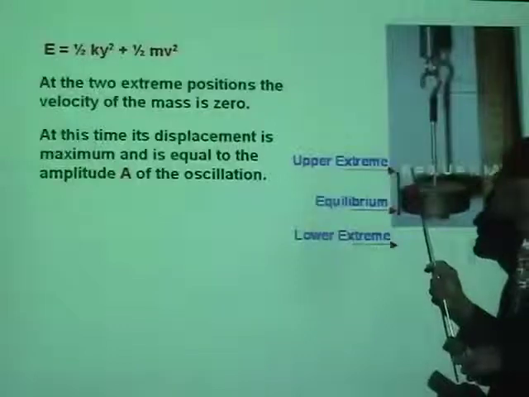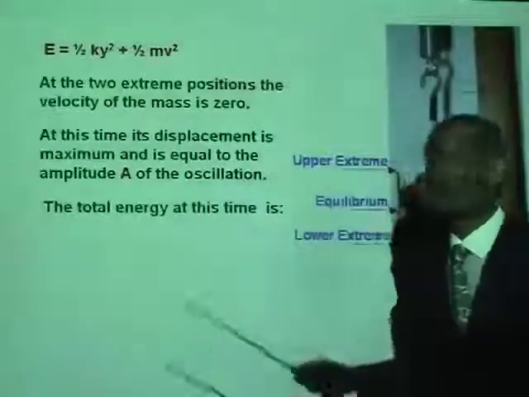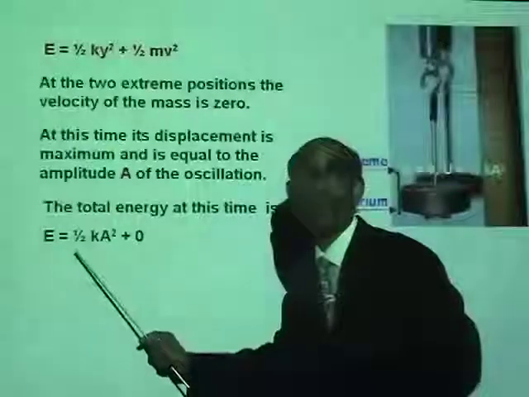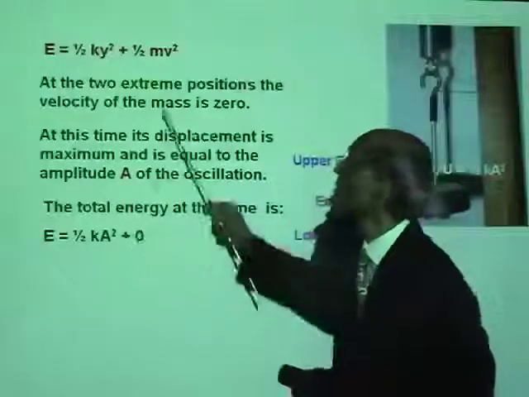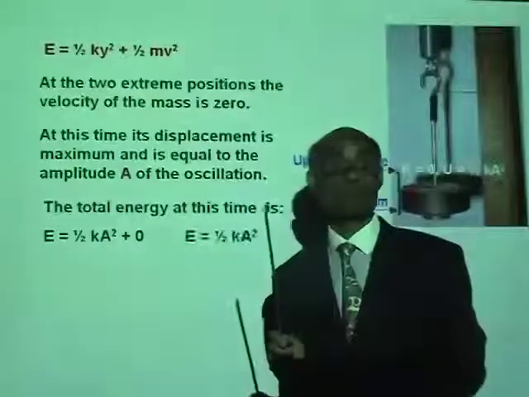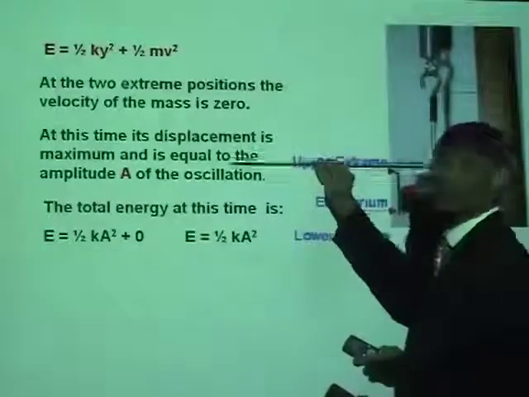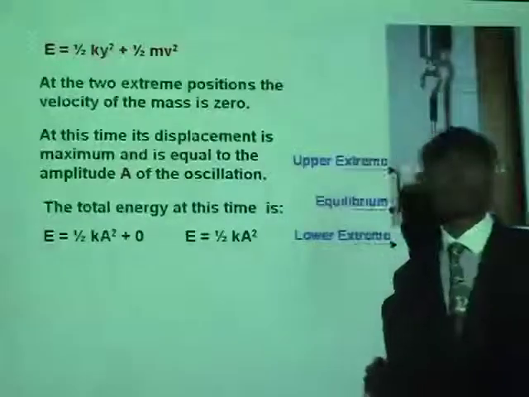And K, the kinetic energy, equal to 0 at the upper extreme. The total energy at this time, therefore, is 1/2 kA squared plus 0 because the velocity is 0. And so, the total energy at the upper extreme is 1/2 kA squared.